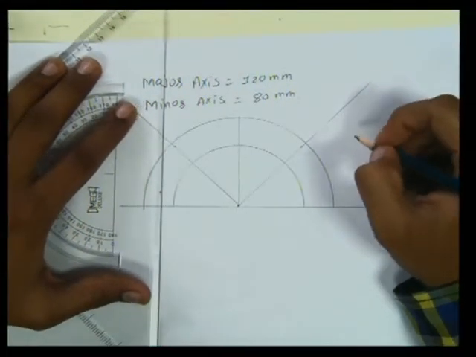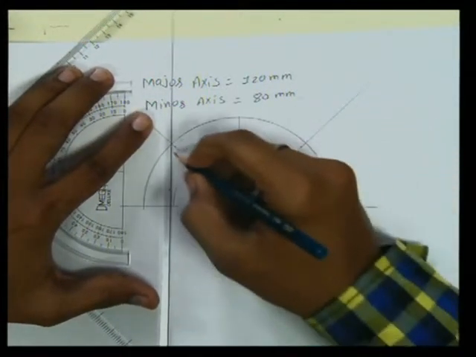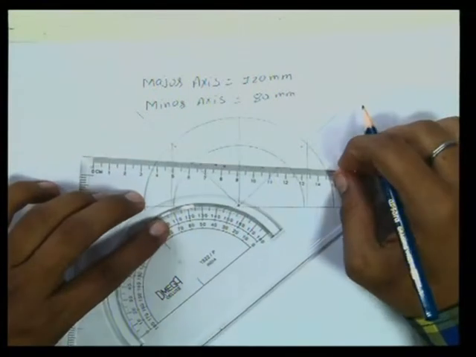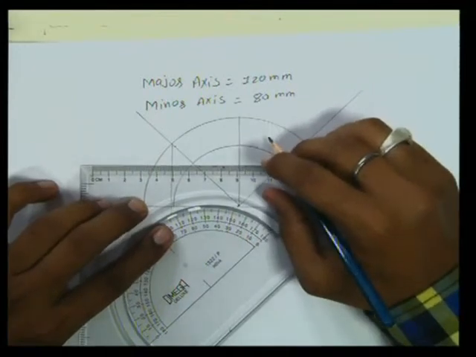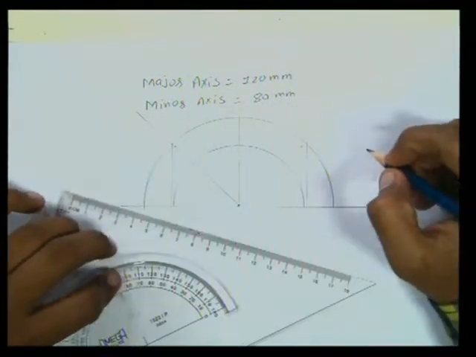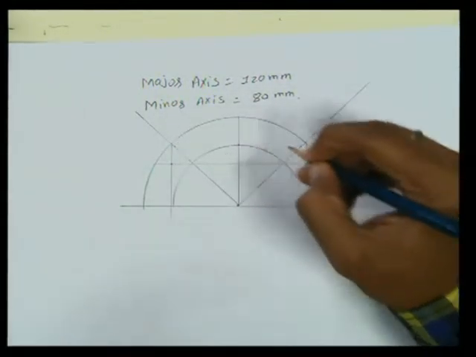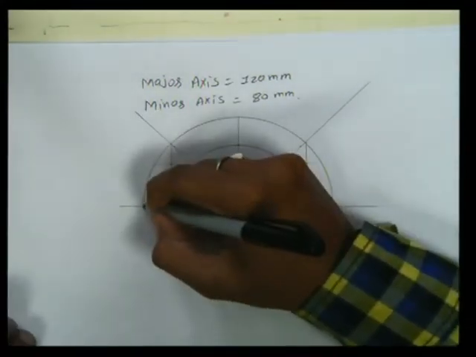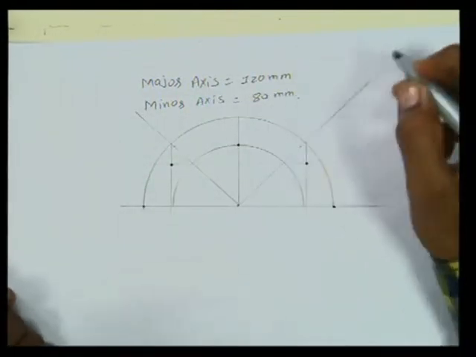From the major axis circle, we will draw a vertical line, and from the minor axis circle we will draw a horizontal line. The points where they intersect are our ellipse points. We have got 4 intersection points: first the major axis point, then 2 intersecting points, and 1 on the minor axis.